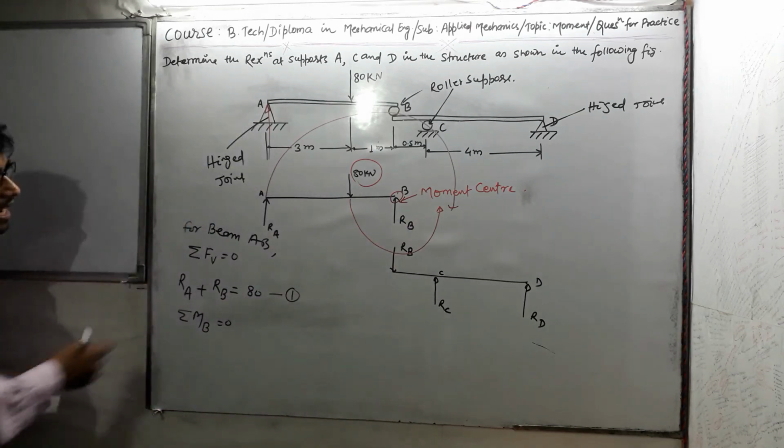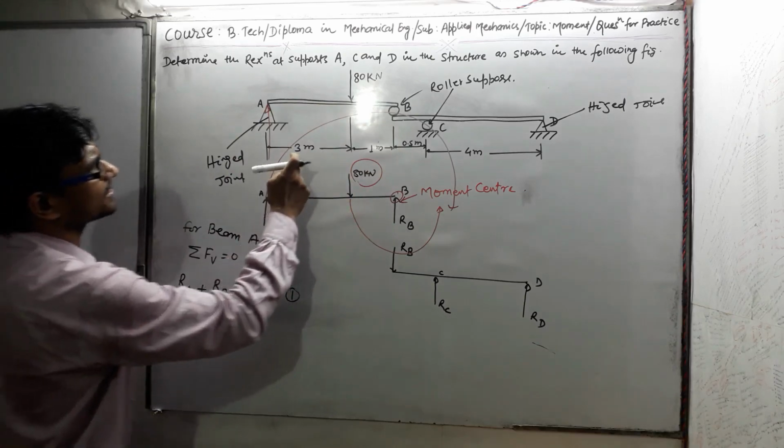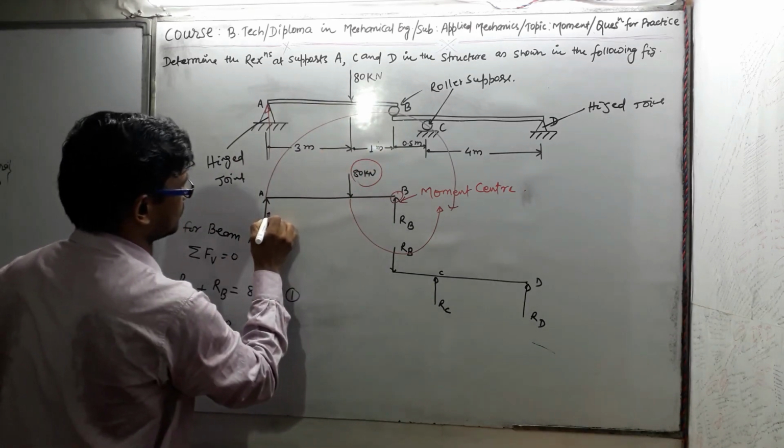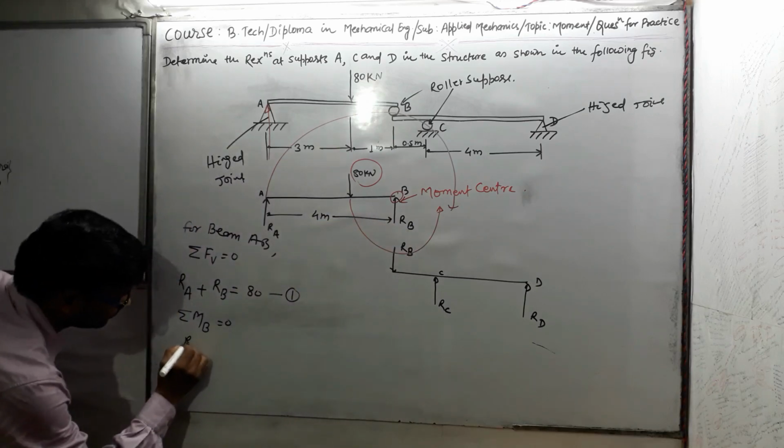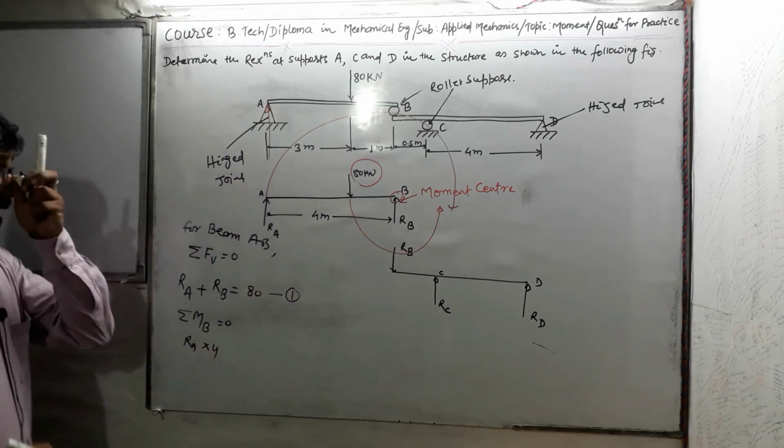So RA multiplied by, what is the perpendicular distance? 3 plus 1, that is 4. Here the distance is 4 meters. So RA multiplied by 4.